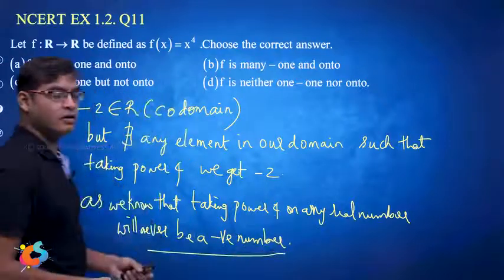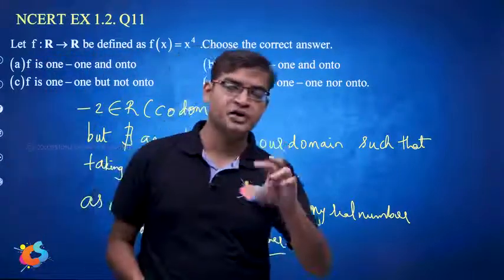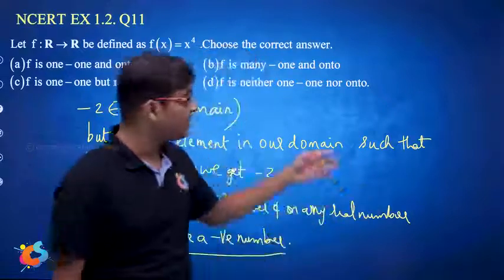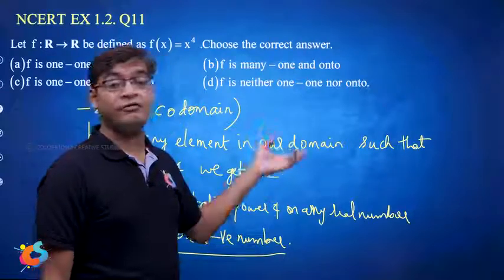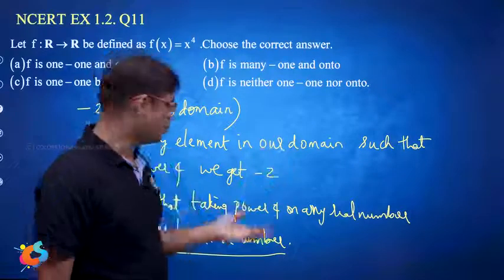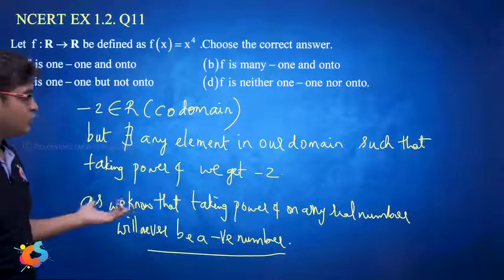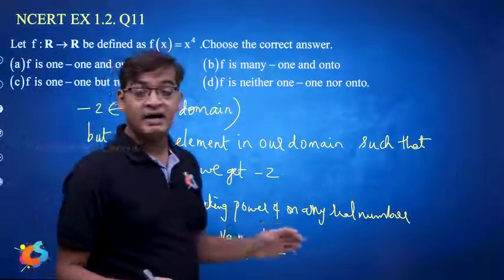So we have shown that minus 2 is an element in our codomain, but there is no element in the domain, power 4 of which will be minus 2, and we have given a reason also. So in this way, we have done the problems.